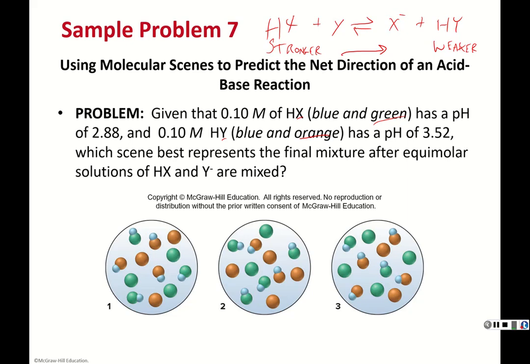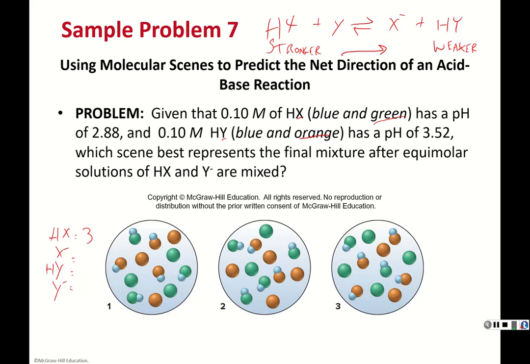So if we look here and count these up, in case 1, let's see how much HX do we have, how much X minus, how much HY, and how much Y minus. Let's just count these up for all choices. Okay, so HX would be blue and green, so 1, 2, 3 is what I'm counting.